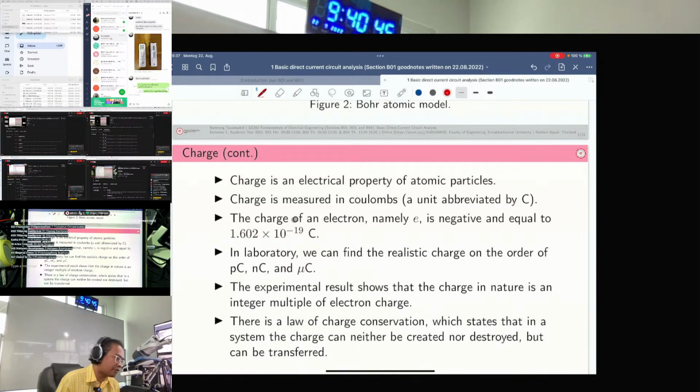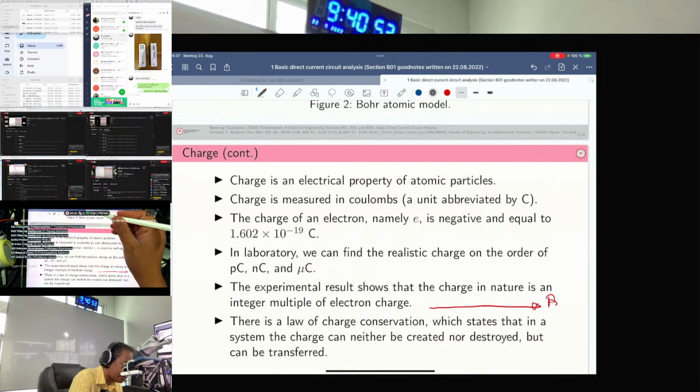Okay, you cannot have any value of the charge on the real line like this. This is the real line, right? You cannot pick up the value of the charge for whatever value. Okay, it cannot be like that. It can be only, for example, minus 1.602 times 10 to negative 19. You cannot say you have a half of an electron.